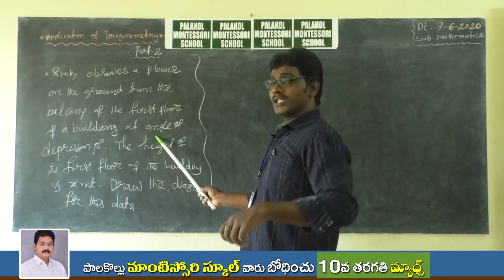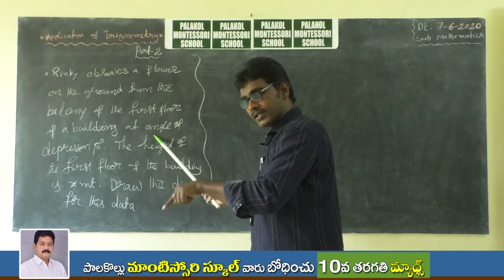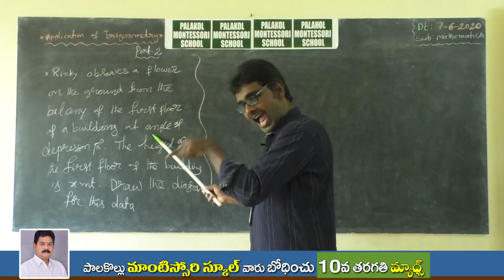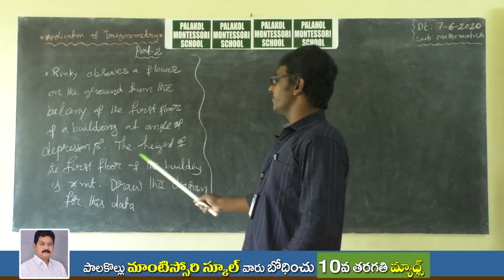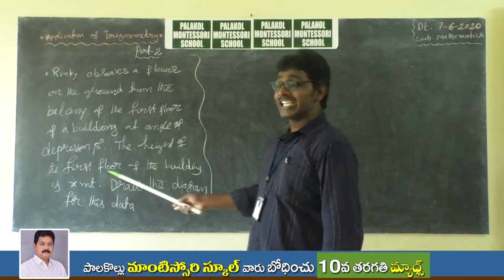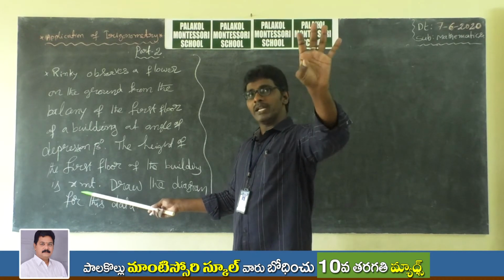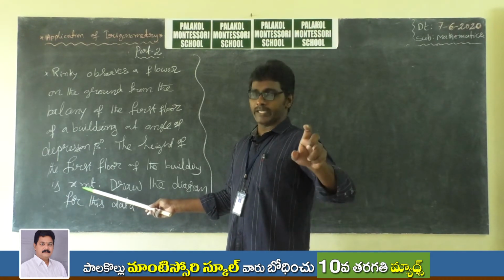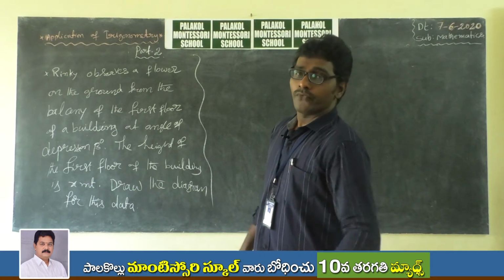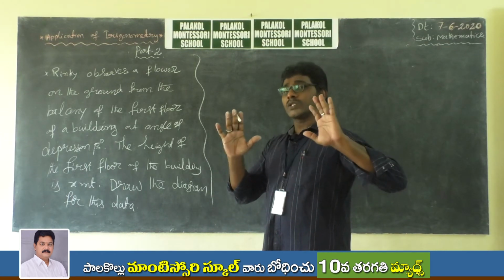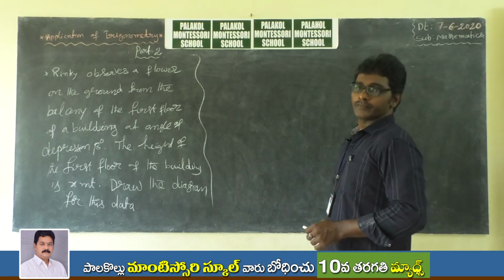The angle of depression is beta degrees. The height of the first floor of the building is x meters. Draw a neat diagram from this data on your paper.